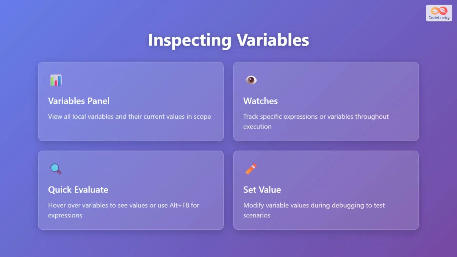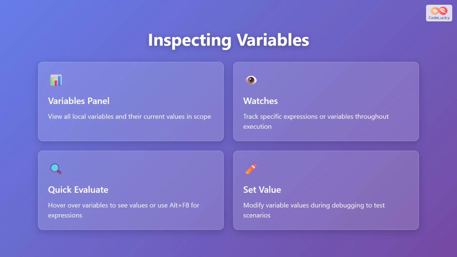While debugging, you'll frequently need to inspect the values of variables and expressions. The Variables panel shows all local variables and their current values within the current scope. This panel updates automatically as you step through your code. Watches allow you to track specific expressions or variables throughout the entire execution.